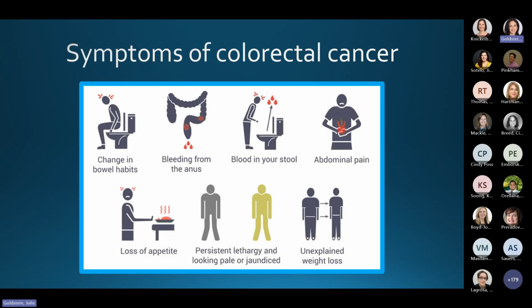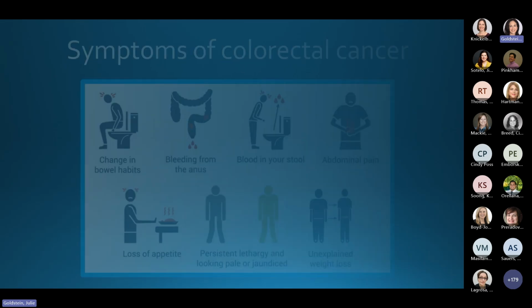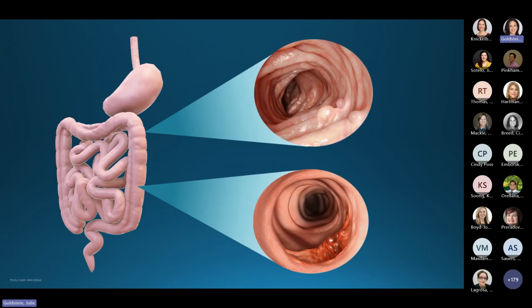But then once you're sedated, they do insert a tube called a colonoscope with a camera on the end, and that camera then produces a picture like this of the inside of your colon, where they can see polyps, they can see any masses like a colon cancer, and then remove them if they see it.